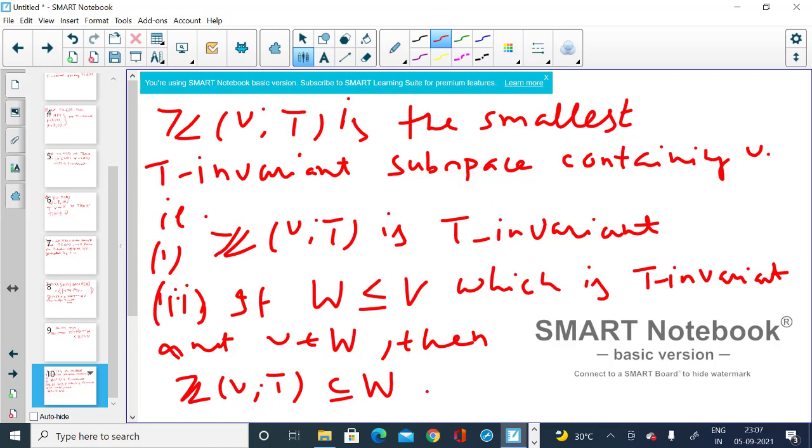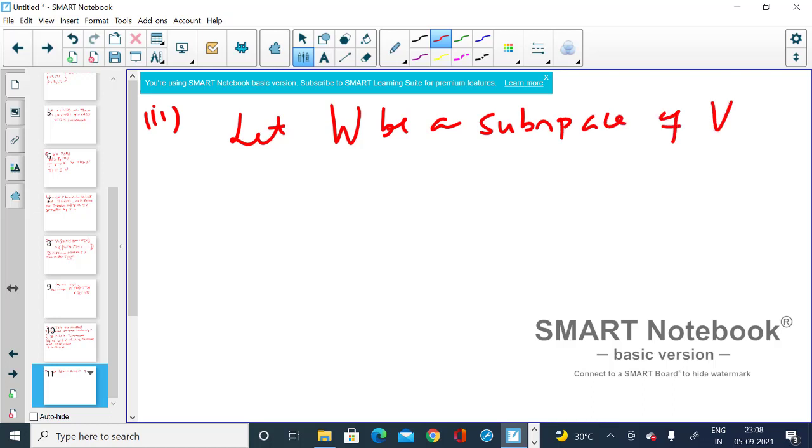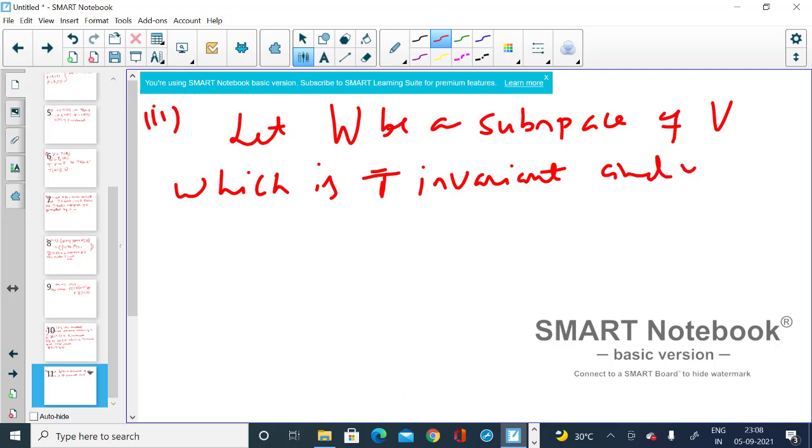For the second part, let W be a subspace of V which is T invariant, and obviously W contains V. Suppose this is the case, then we need to show that W contains the whole thing, right?